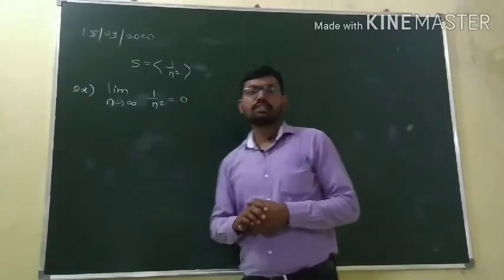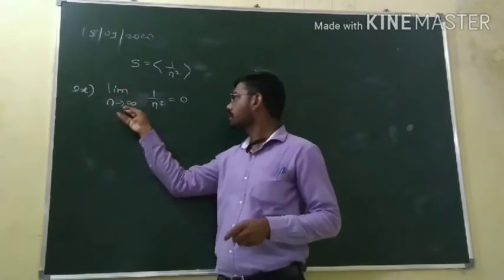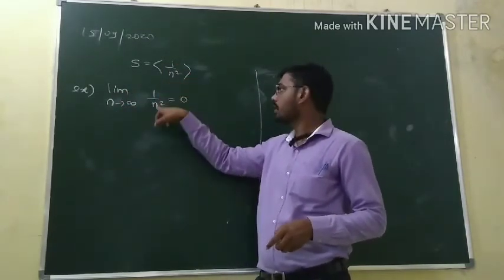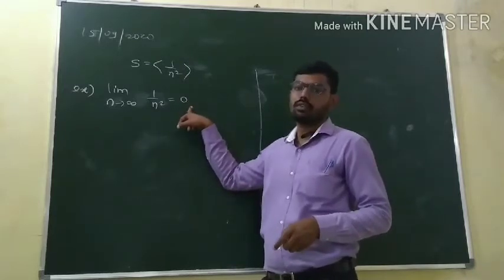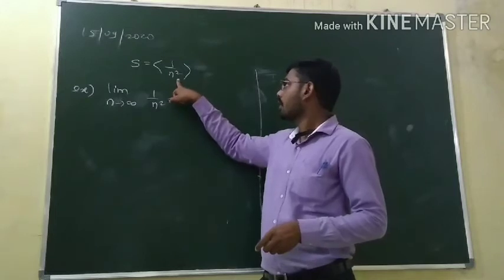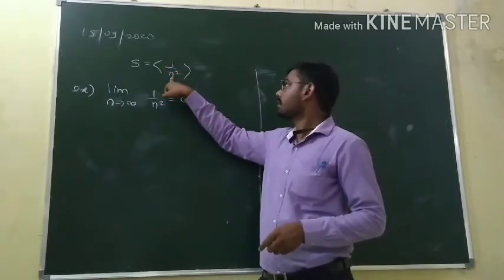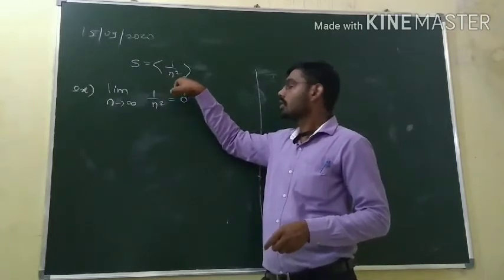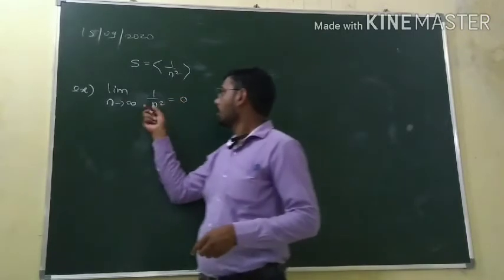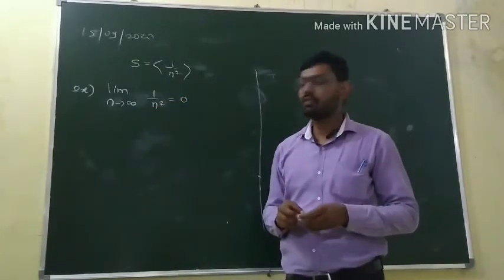Okay. So the next example is proving that the limit of the sequence whose n-th term is 1 by n square is 0. Now again by observation, we come to know that as the value of n increases, the terms 1 by n square are going towards, or coming closer to, 0. So now we will prove this by using the epsilon definition of limit.